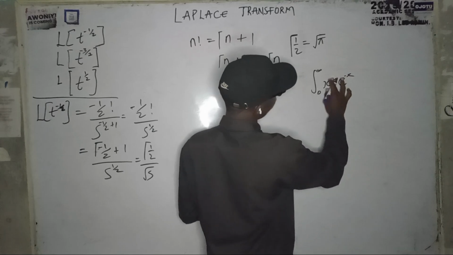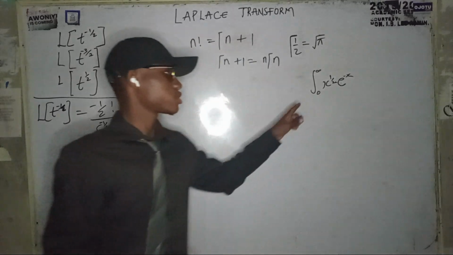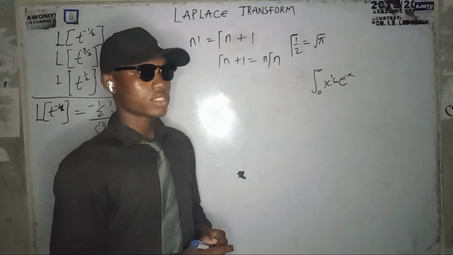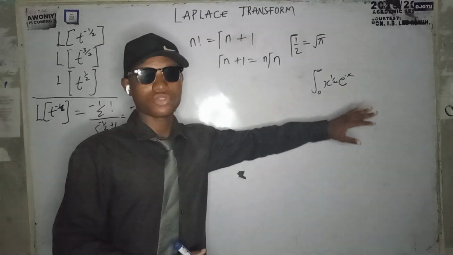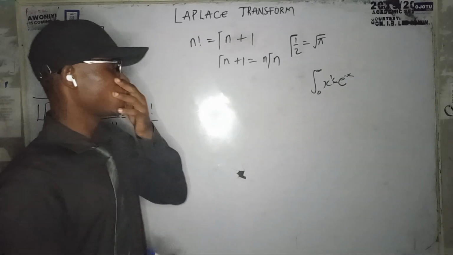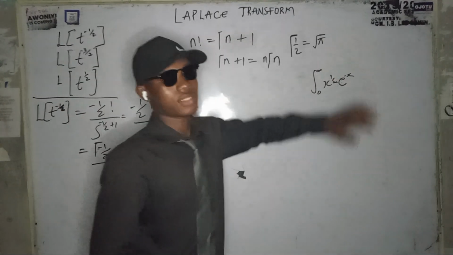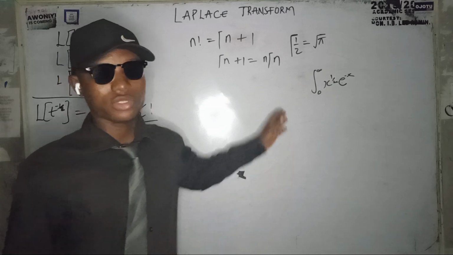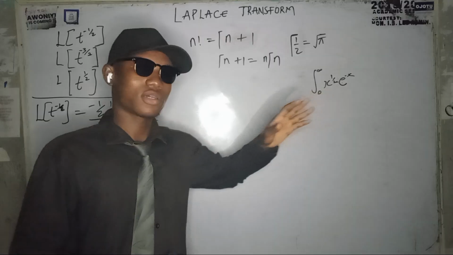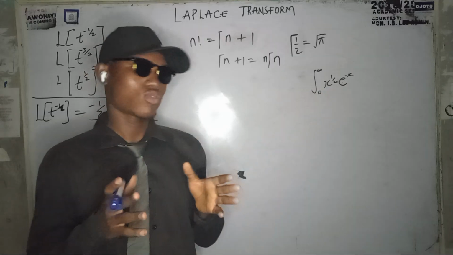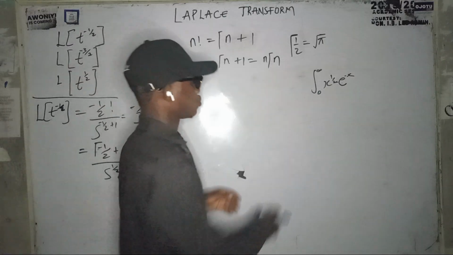You put it into its main gamma function form and solve it, and you are going to get the square root of pi. But we are not dealing with that today. It's just something you should know: the gamma function of 1 over 2 is the square root of pi. And let me deal with other more complicated questions.